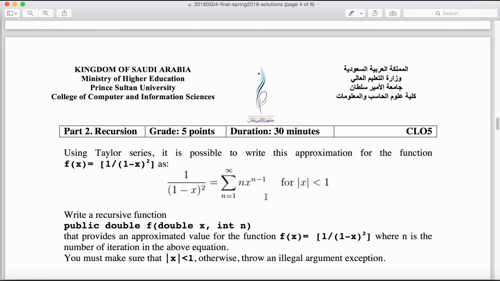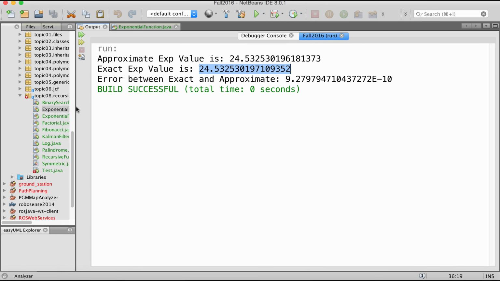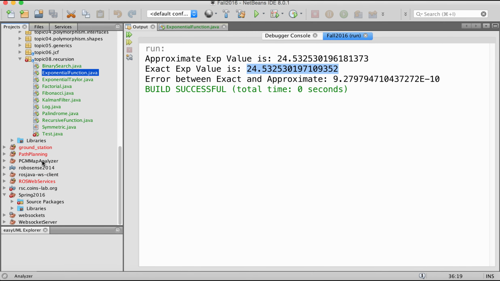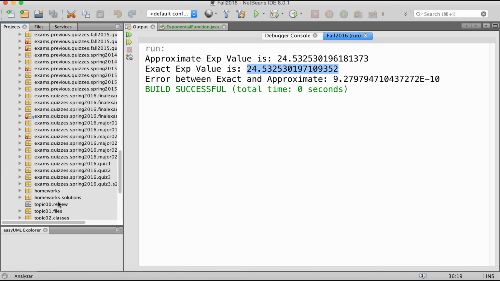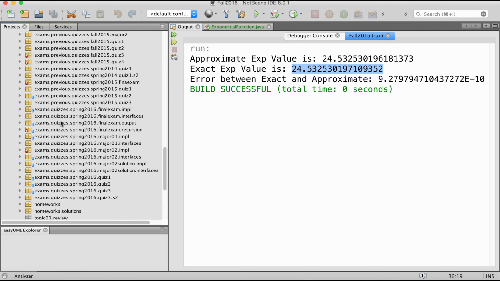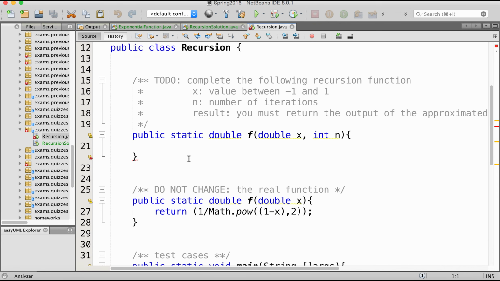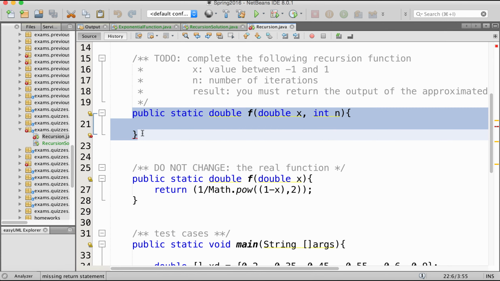I will send you two or three more exercises with solutions, because you're going to have something similar to this one. And usually in the final exam, I will give you something like the following. In order to make sure that your work is correct, in the final exam you're going to have a file which contains a function with missing code that you have to write.